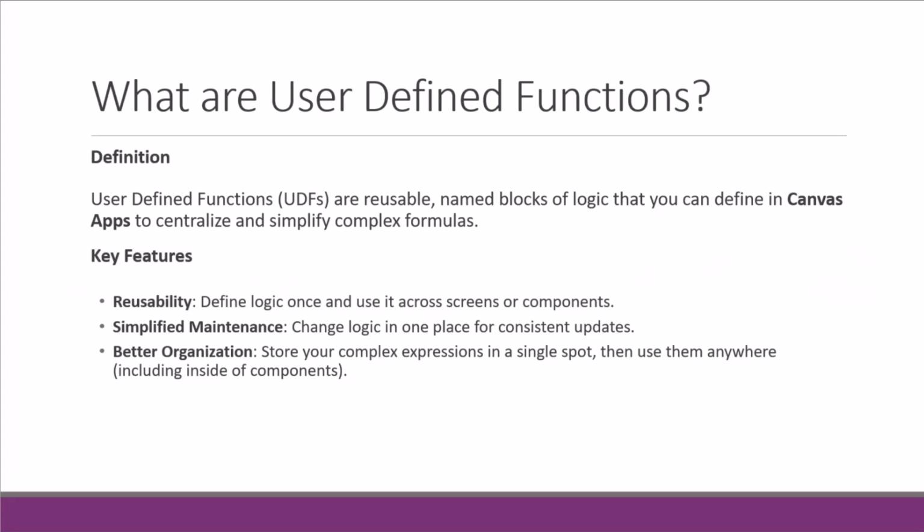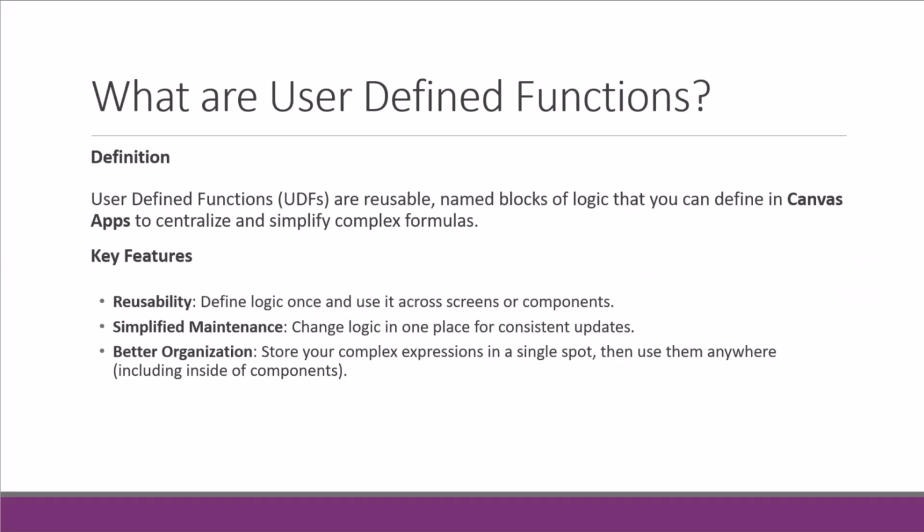And you don't have to keep putting the same code over and over and over throughout your app. So reusability is the key feature here, right? Because it's a place where you basically set it and forget it, right? The Ron Popeil method. You put it in your formulas section, you can then update it, and it globally applies everywhere that you've referenced it. So that really simplifies maintenance, right? Because you change logic in one place, it changes everywhere else.